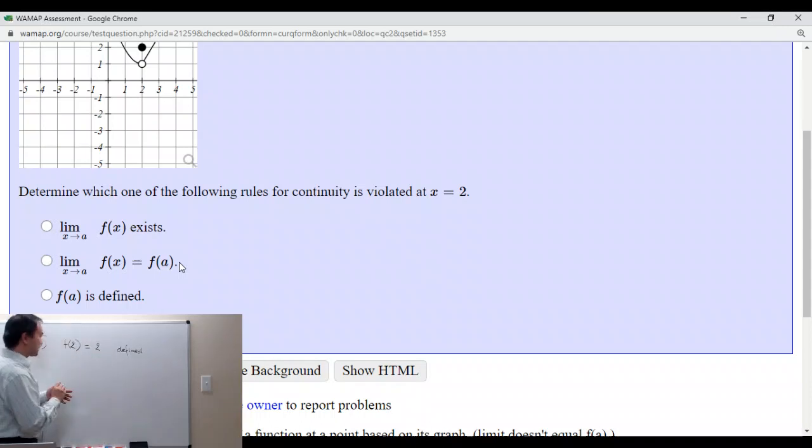So after looking at requirement number 1, the function output equals 2. But the limit of the function when x was coming close to 2, generally from both sides, was 1 right here. And so in this case, we can see that the limit of our function when x comes to 2 is not equal to the function output's value at 2.